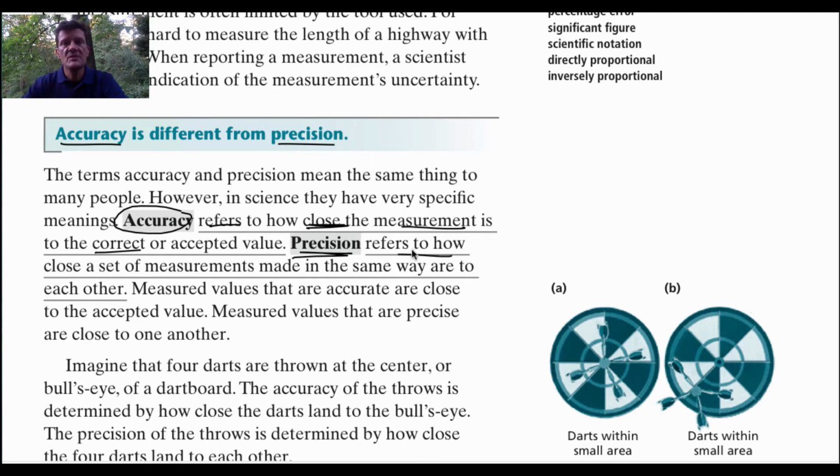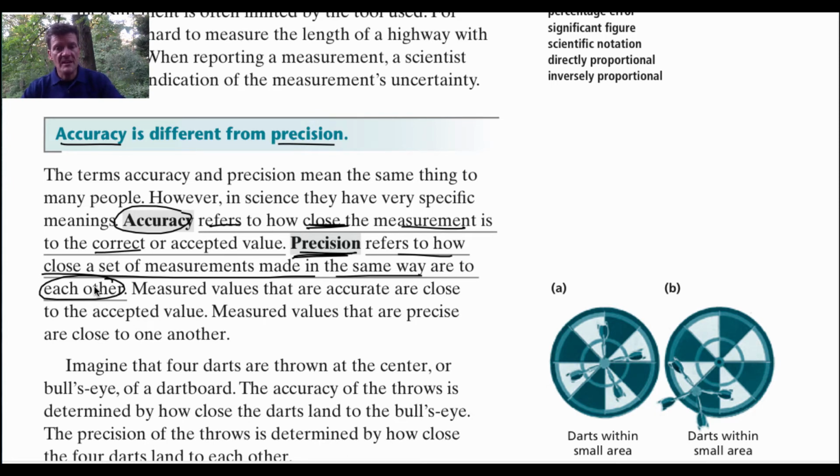Precision means, can you do the experiment or the test or the measurement over and over and over again and still get the same or pretty close to the same answer repetitively? That's precision. It means how close a set of measurements made in the same way are to each other. You're comparing one measurement to another measurement.